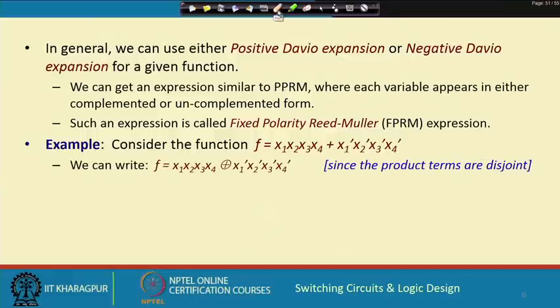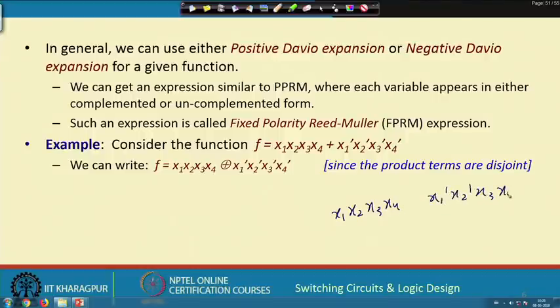The first observation is based on one of the rules. You see this term x1, x2, x3, x4, and the other one x1 bar, x2 bar, x3 bar, x4 bar. If you take the AND of these two, because there is a variable and its complement, they will become 0. This is 0.